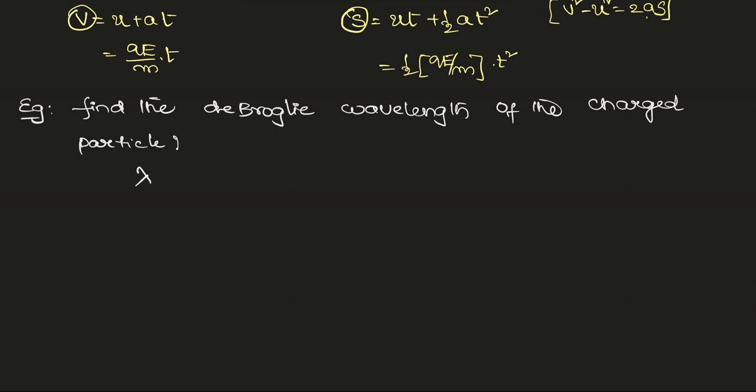The de Broglie wavelength formula is h by mv, so that will be equal to h by m into qE by m into t. As de Broglie wavelength is inversely proportional to time, as time increases, the de Broglie wavelength decreases for this charged particle. So you can expect this kind of question.